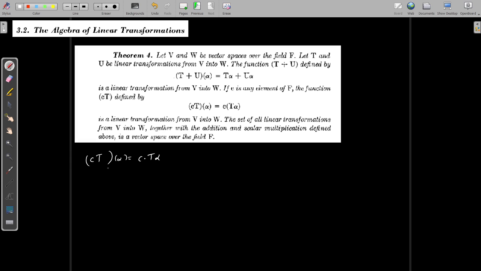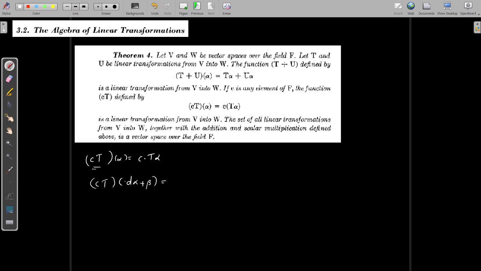Now we'll prove the closure property of this, that is, cT is again an element of S, so we need to prove that cT is a linear transformation. So by taking cT of, I'll take it as some d alpha plus beta.